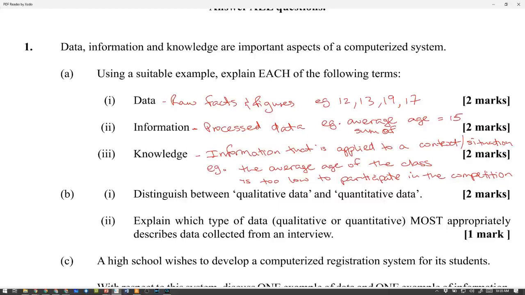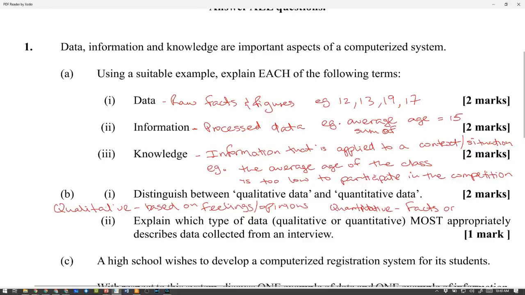All right. Next one is distinguish between qualitative and quantitative data. Qualitative is based on feelings or opinions, and quantitative is based on facts or figures.